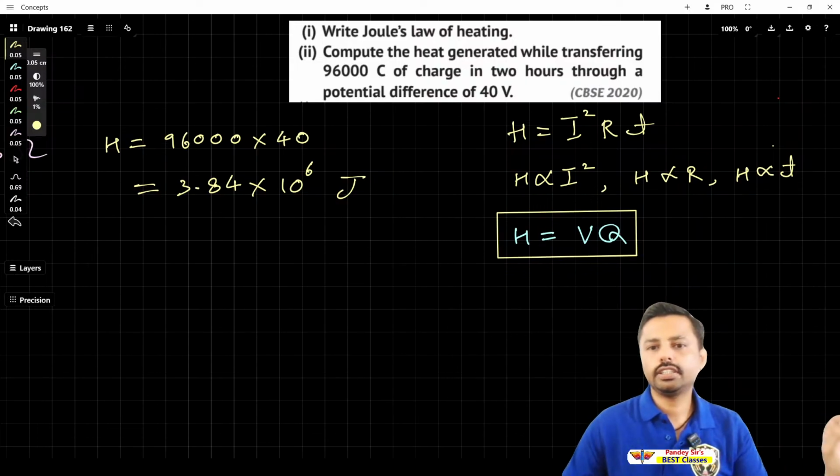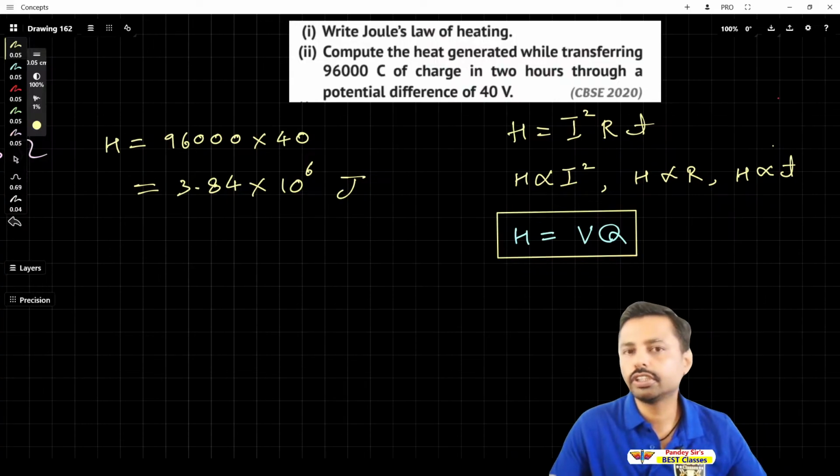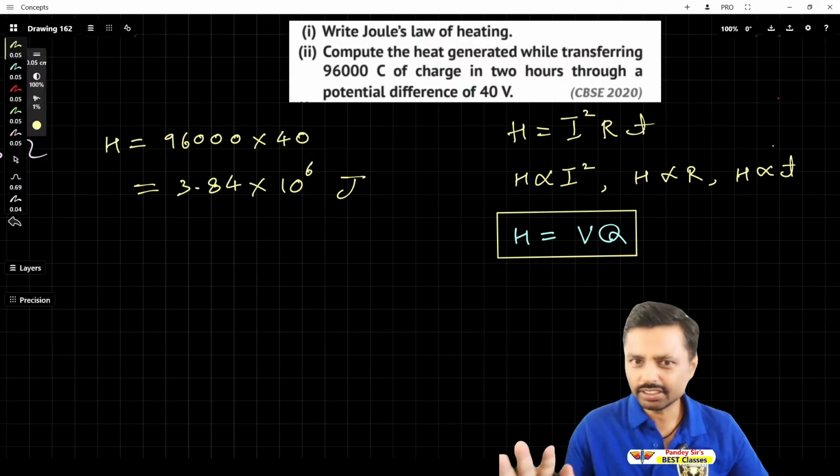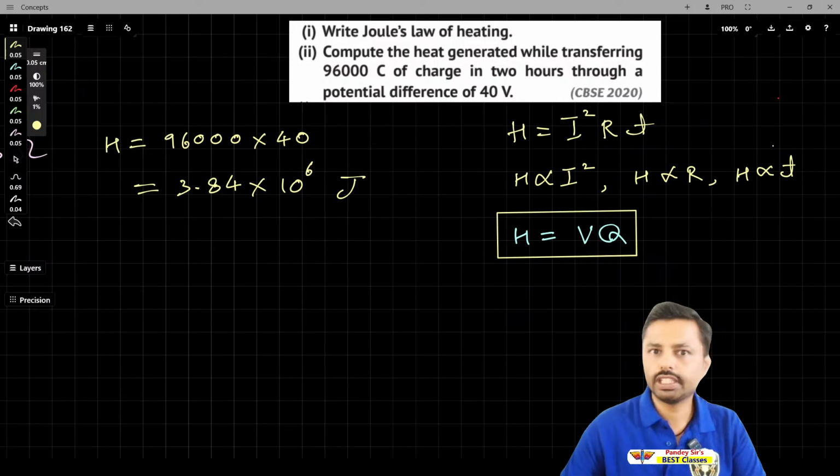Now, let's see the next glitch. But before that, I will give you a question which CBI asked, and it's very easy and students still get confused. After that we'll get to some parallel and circuit diagrams, which are very important because most of the electricity chapter consists of those numericals.